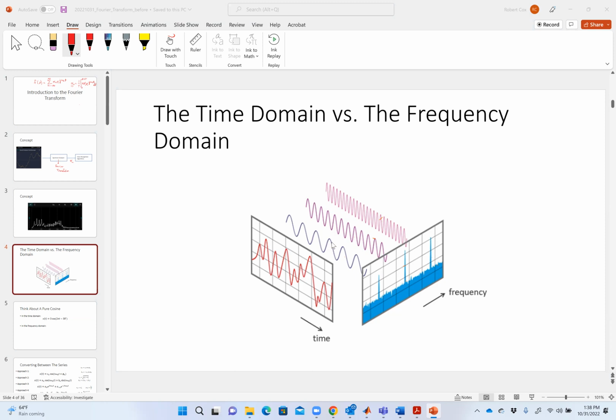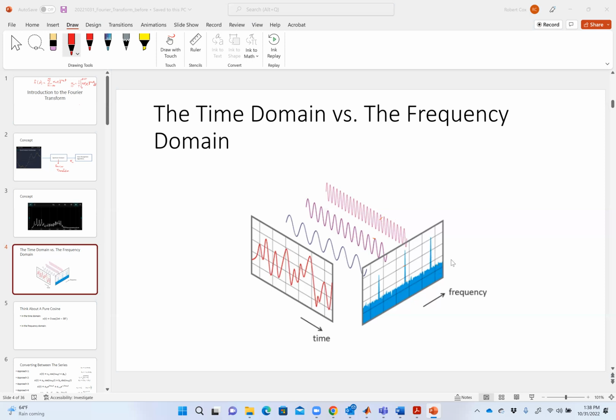Basically the idea here is, when I'm in the time domain, this is the real world. If I have a microphone that measures an audio signal, then that microphone picks up this time domain waveform. Through processing, I can convert it over to what I call the frequency domain and say it has some information at this low frequency, some information at this middle frequency, and some information at this higher frequency.